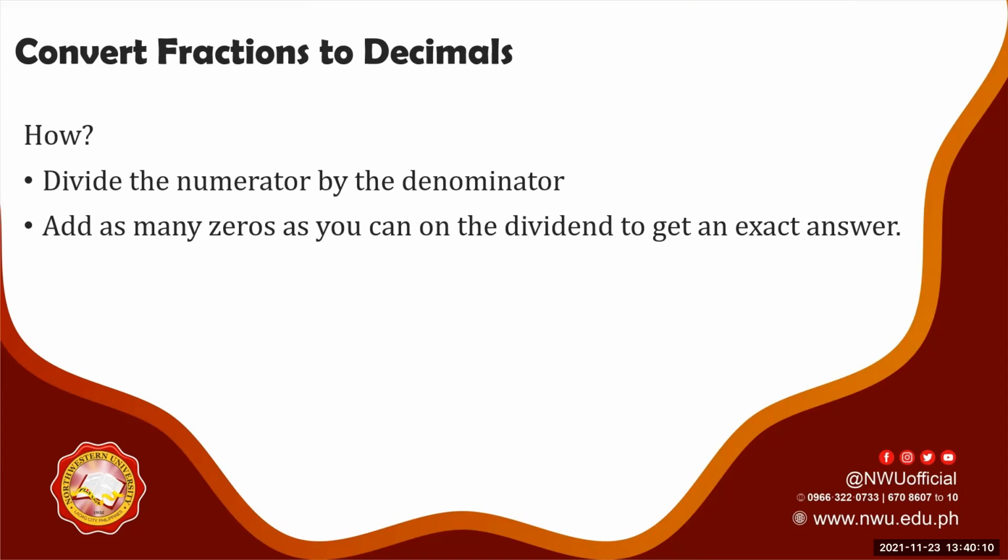Those are some of the properties that you should take into consideration and remember before going on with our discussion. So going back to our conversion from fractions to decimals, if you are given, for example, 3/8, and you are trying to convert that to its equivalent decimal number, we just simply divide the numerator by its denominator, which is 3 divided by 8.